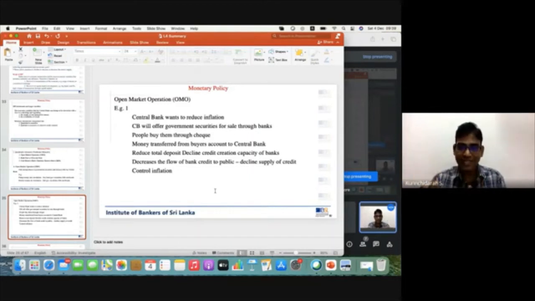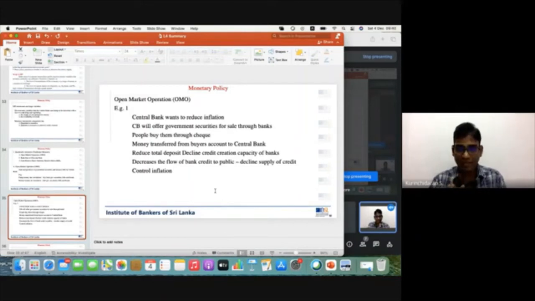If that is the case, then the money supply will increase. The government gets the money. The central bank will use this window when they want to get the money back to the central bank or pump money into the market. But the mechanism is similar.